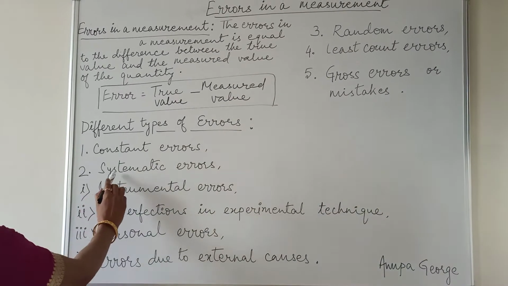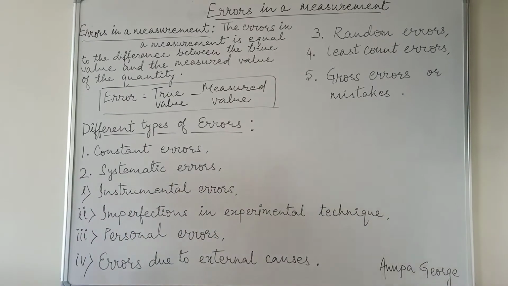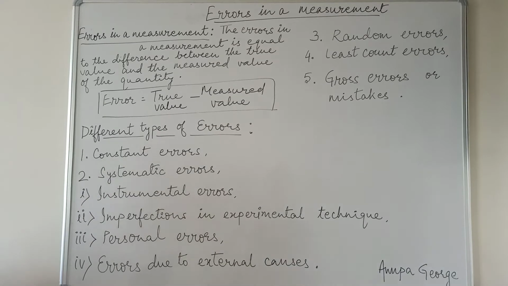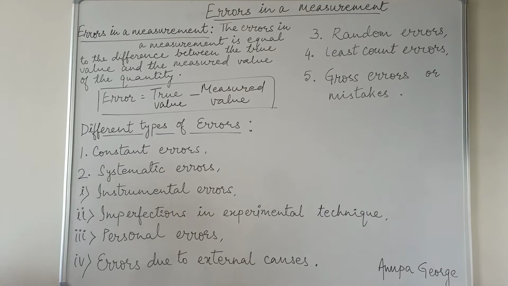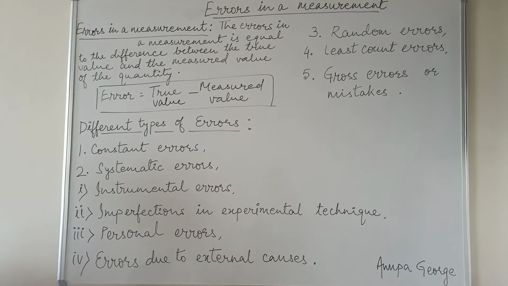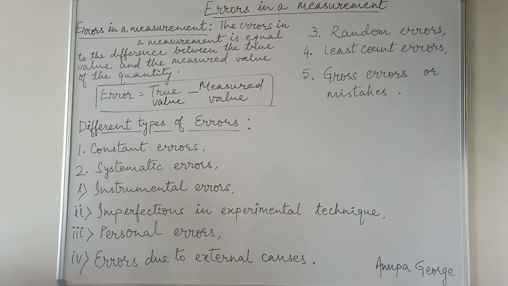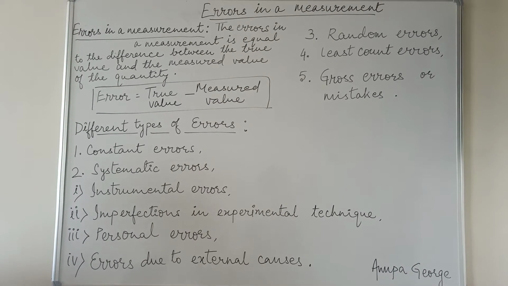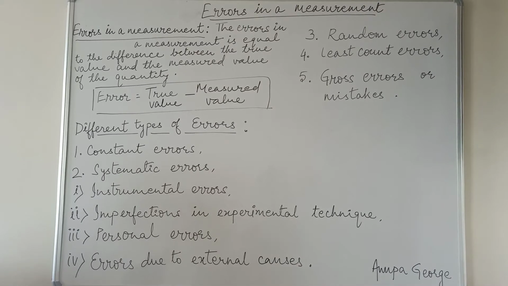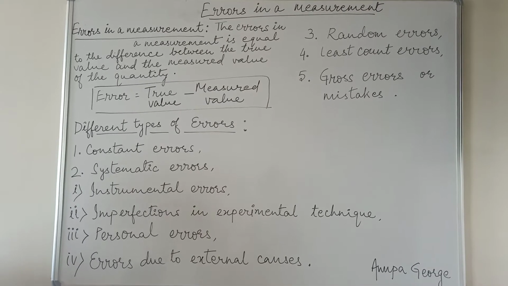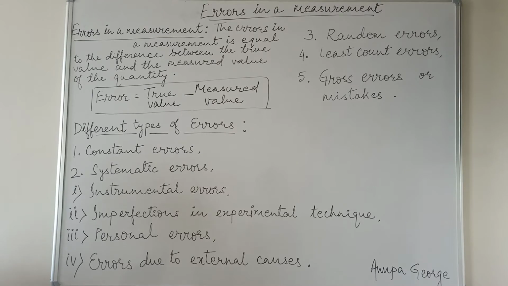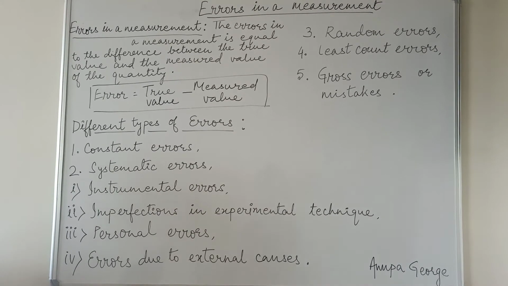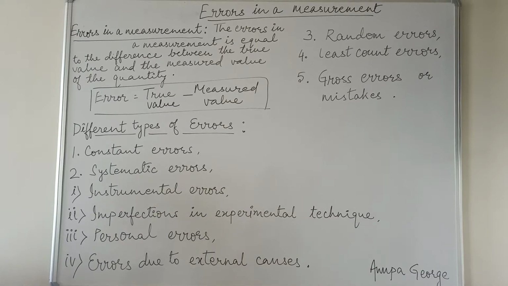Second one is systematic errors. The errors which tend to occur in one direction, either positive or negative, are called systematic errors. We can eliminate such errors once we know the rule which governs them.